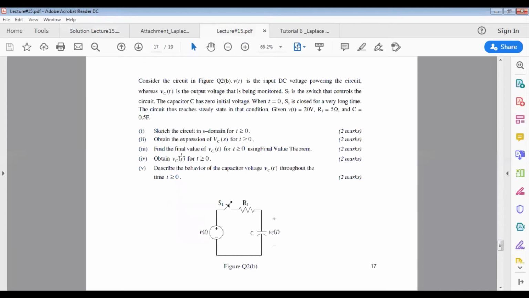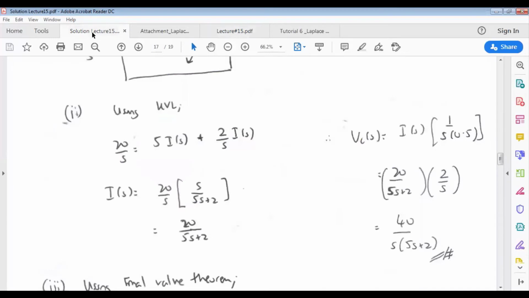Number 3 is to find the final value of VC(t) for t bigger than 0 using the final value theorem. So this is to use the final value theorem to find the final value for VC in time domain. You can refer to the properties of Laplace transform in lecture 14 on the final value theorem.